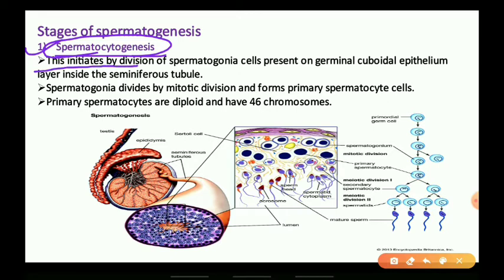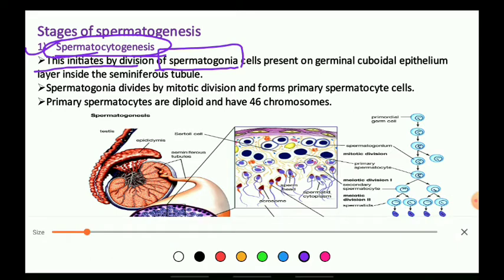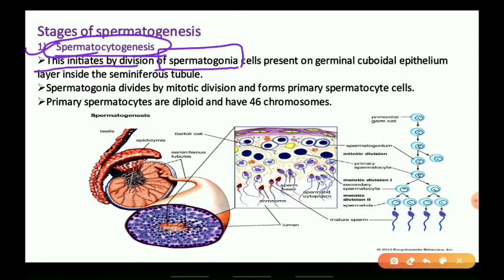See here, what is this? This is initiated by the division of spermatogonia. What are spermatogonia? Here you can see these are spermatogonia, where I am marking in red color.